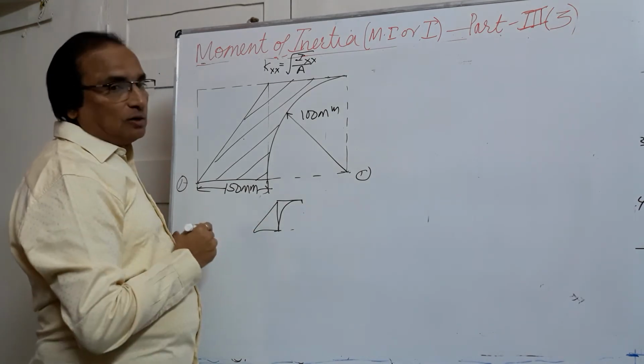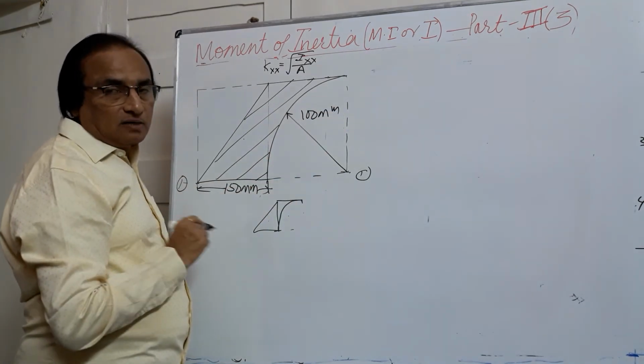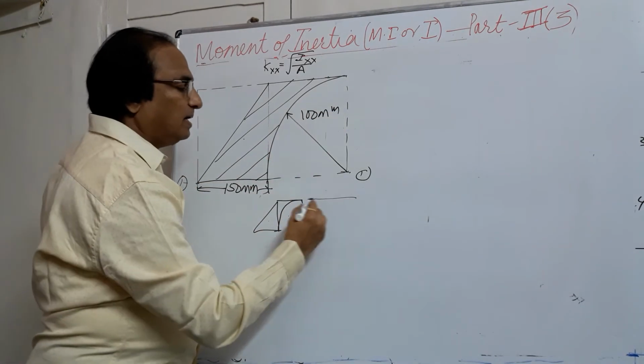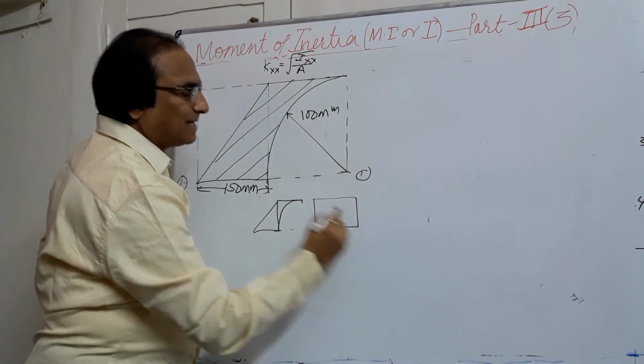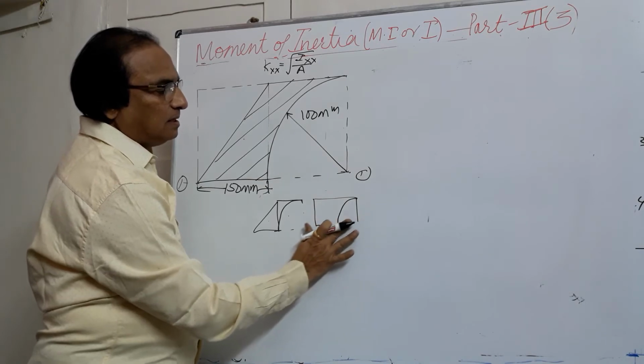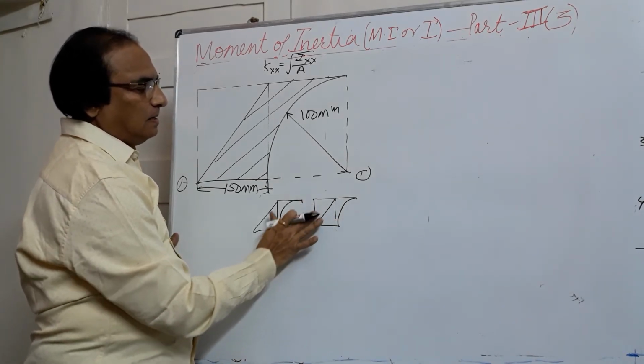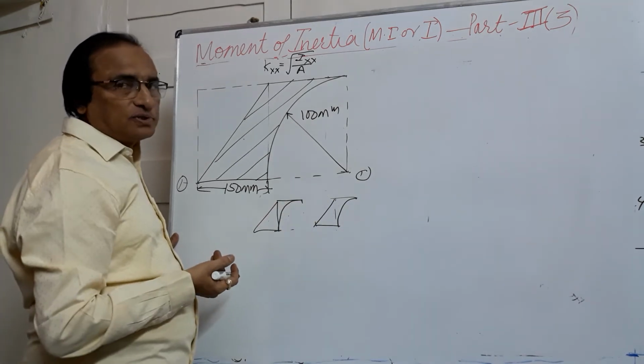So this is one option, triangle plus square minus quarter circle, or one big rectangle, from which I will punch out a quarter circle and also punch out a triangle.